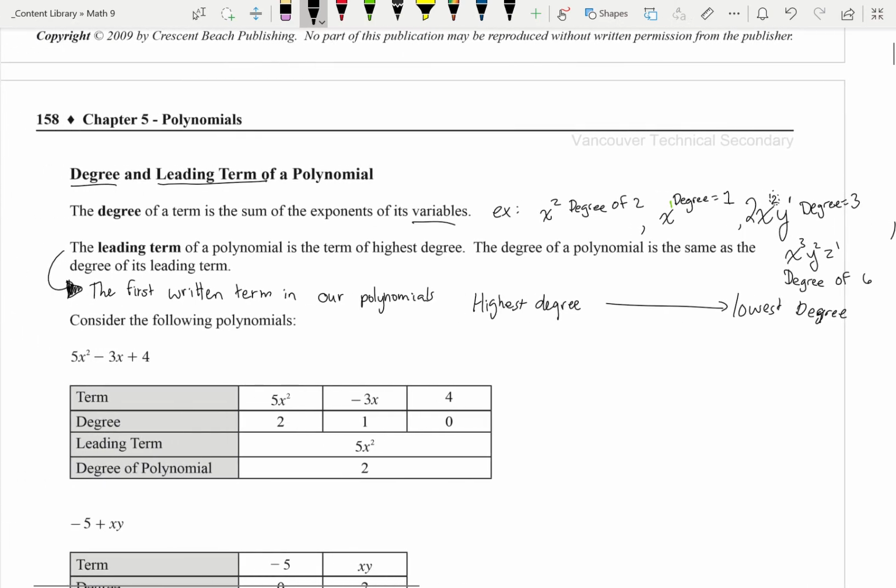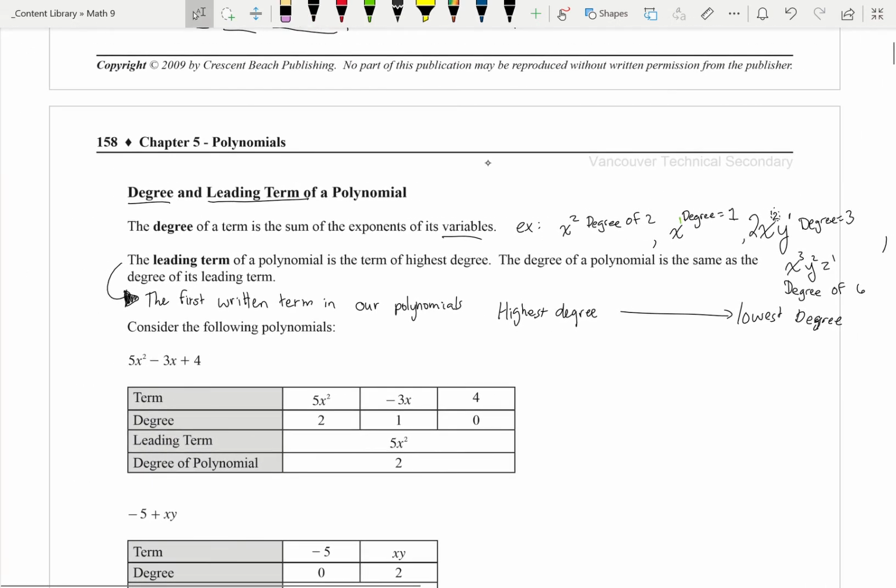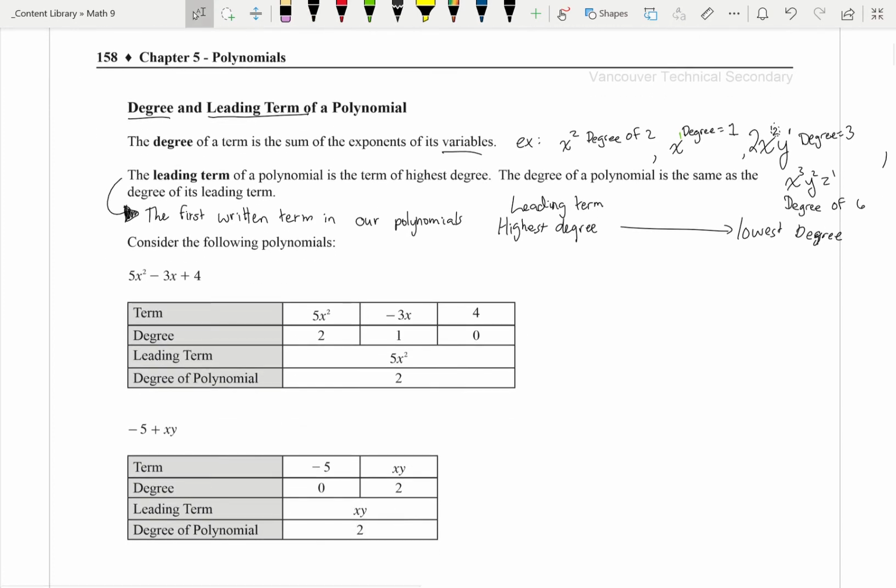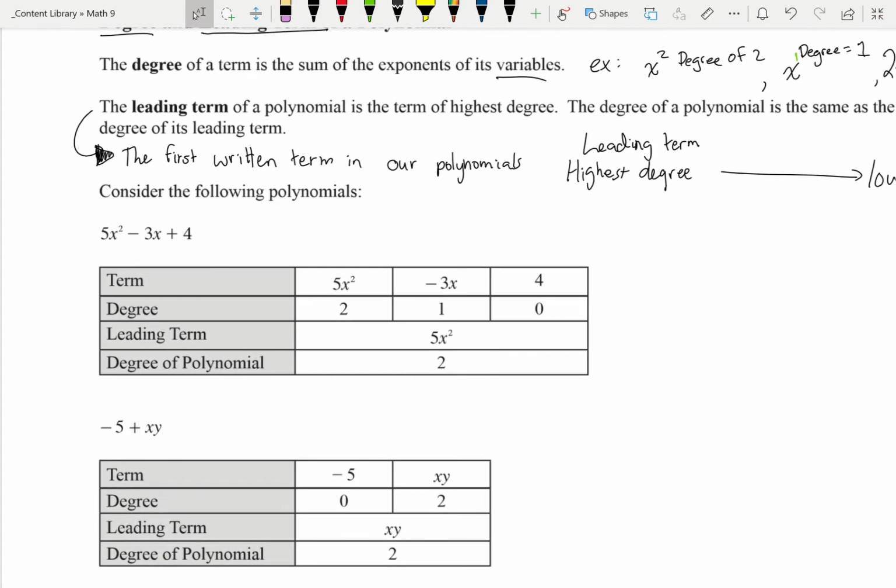So when we write these terms, the leading term is going to be the first one, and we're going to put the highest degree term first, and then we're going to go with the next highest, and the next highest, and work all the way down to the lowest. So for example here, I have 5x squared minus 3x plus 4.